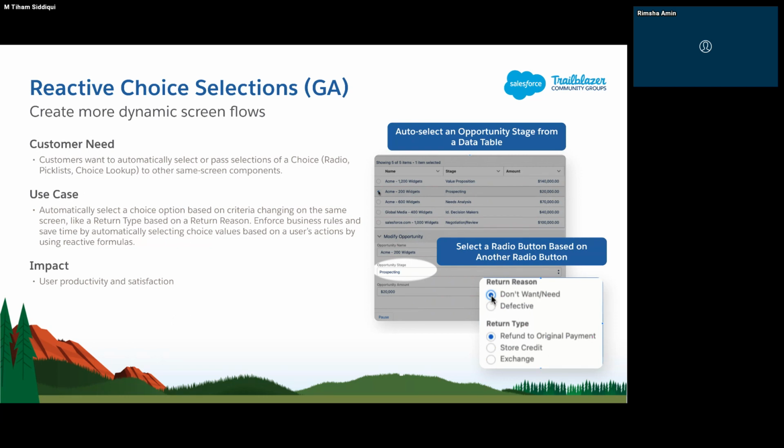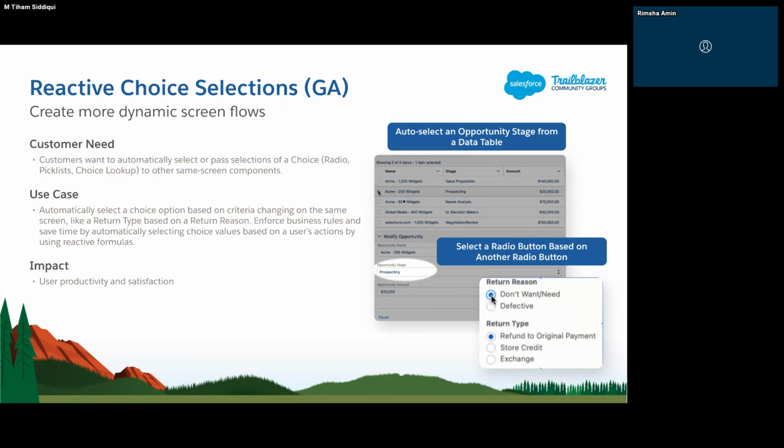Here is another example of two components communicating with each other in real time. This now includes radio buttons, picklists, choice lookups, and some other components as well. If you see the image, the first one, if the user selects any of these records, the opportunity stage gets updated according to the record's stage.